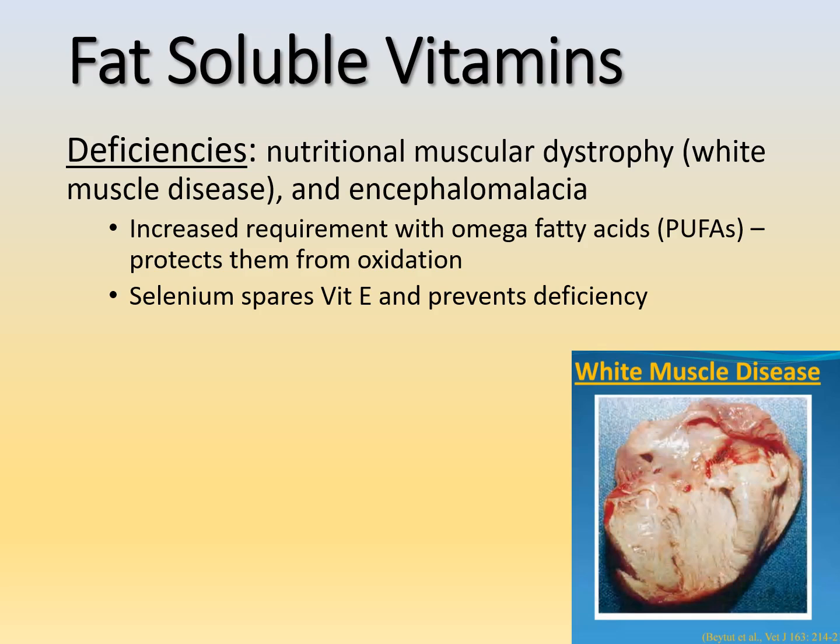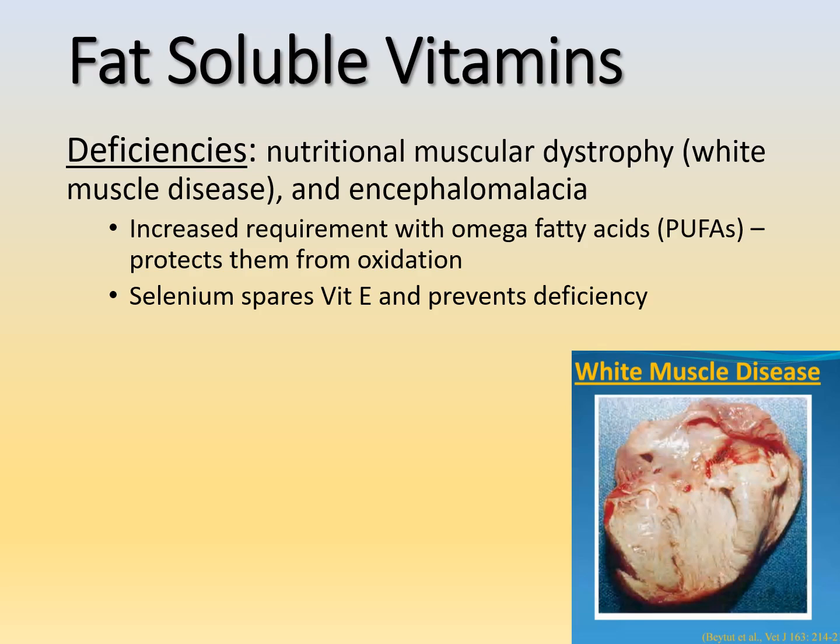So what happens is you can get an increased requirement of vitamin E with those omega fatty acids. If you increase your vitamin E requirement, it's to help protect them from oxidation. Okay, so you want to protect your omega fatty acids, right?